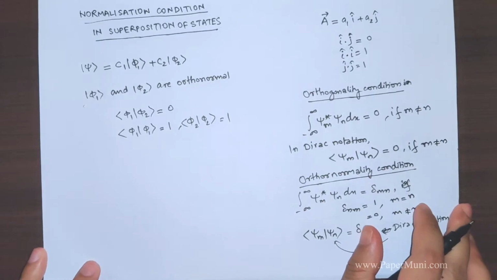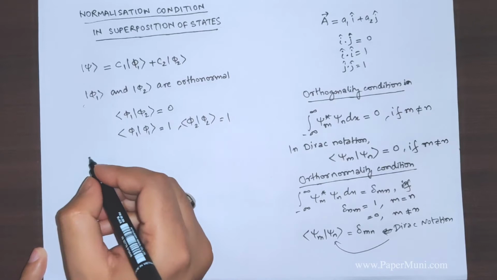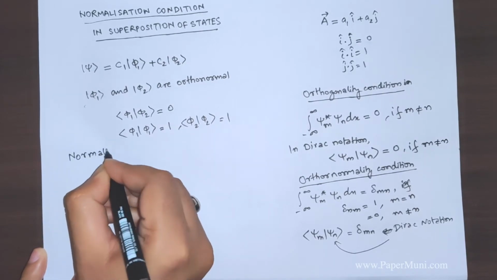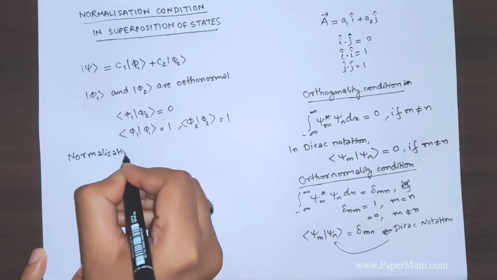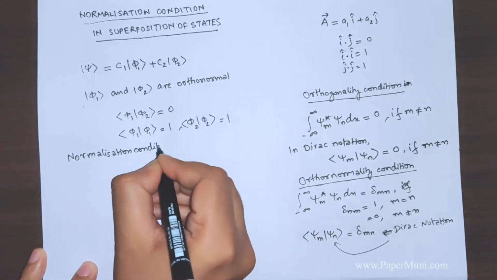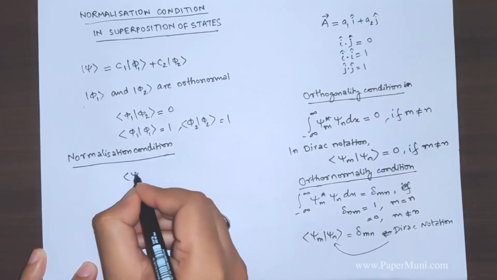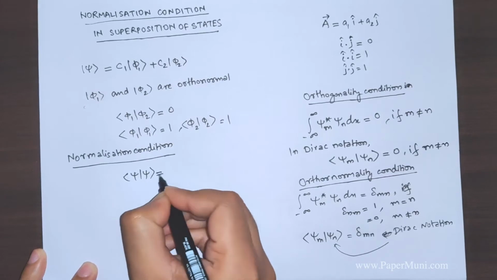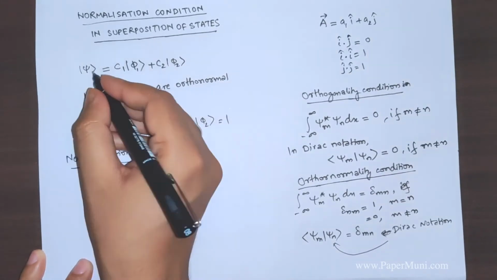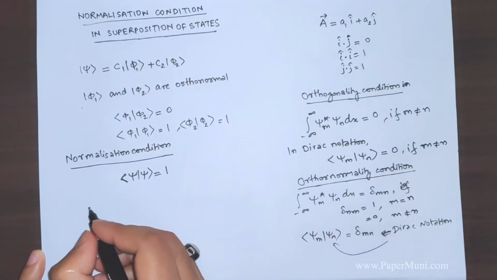Now the normalization condition for psi ket should be: psi inner product with psi should be 1. To get this result, we have the ket of psi, so we should have the bra vector for psi.